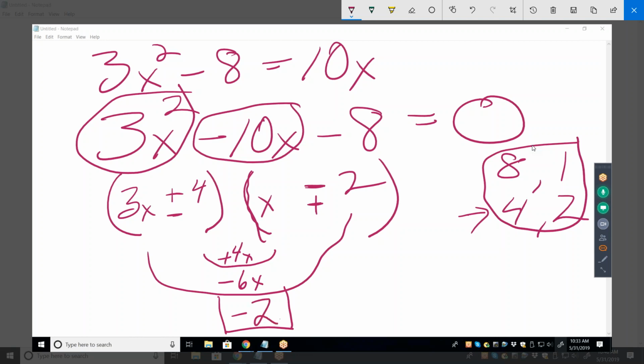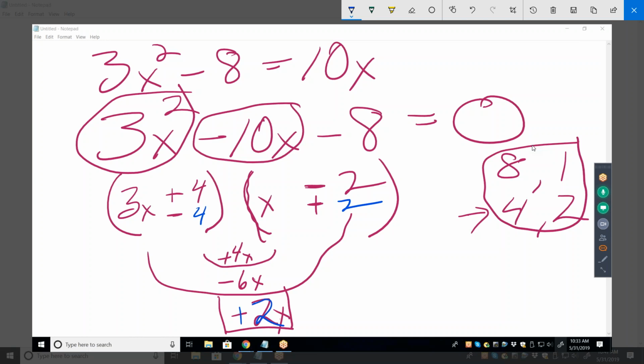But it's important to go ahead and add them together, because here's what happens. If I choose to move the 4 down and the 2 down, all I do is change the sign. I don't change the number. You understand what I'm saying? In other words, if I put the 4 there and 2 there, all that does is change it to a plus 2x, always.